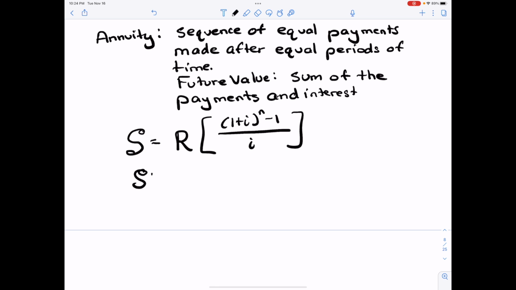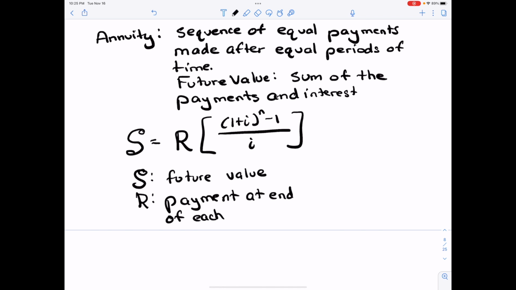So S is future value, R is payment at end of each period, i is the interest rate per period, and n is the number of periods.